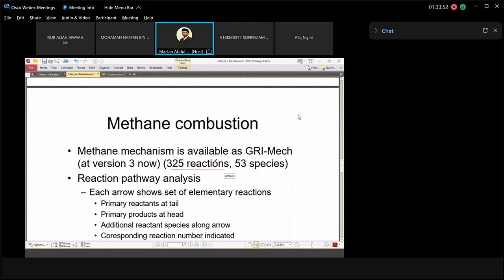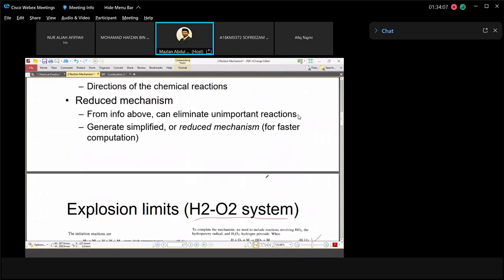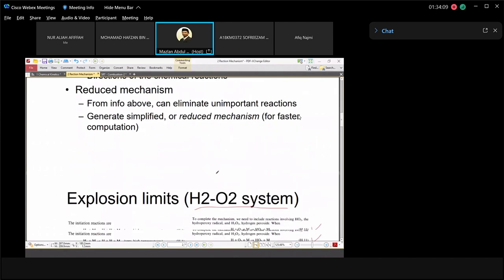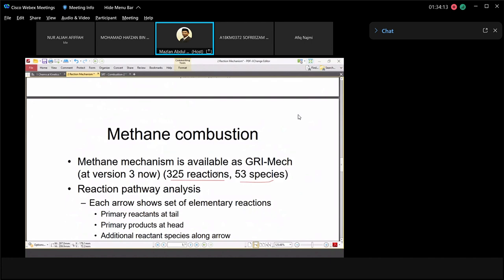For H2O2 it was 40, but for methane CH4 there are 325 reactions at this time with 53 species involved. Just now it was only 8, I guess.